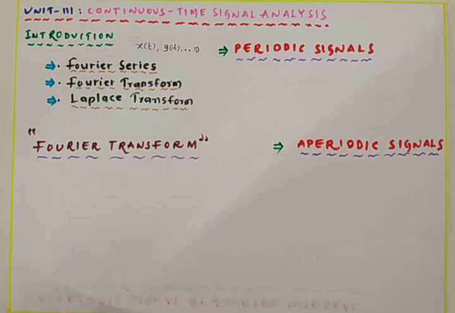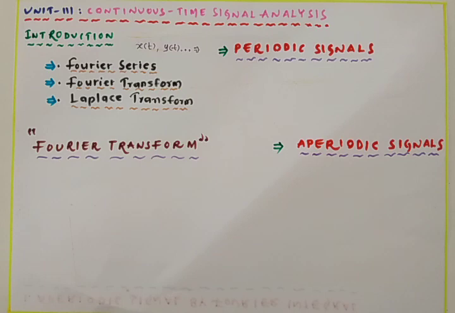So there are three types of transformation methods available to analyze continuous time signals. One is the Fourier series, another is the Fourier transform, and the next is the Laplace transform.